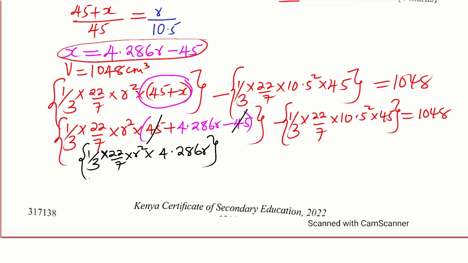That is how we simplify that. Then subtract. When you work out a third times 22 over 7 times 10.5 squared times 45, you already got that. You will have 5197 is equal to 1048.